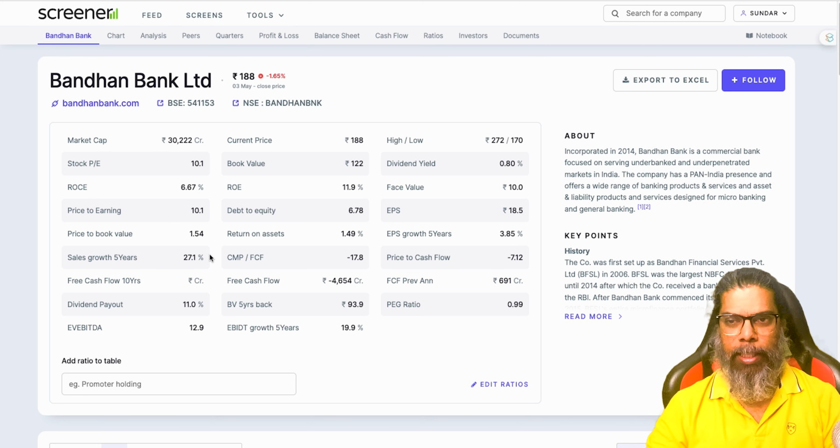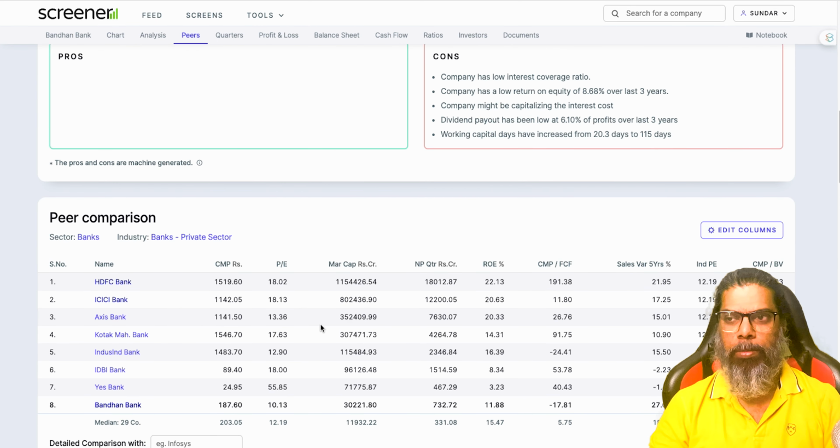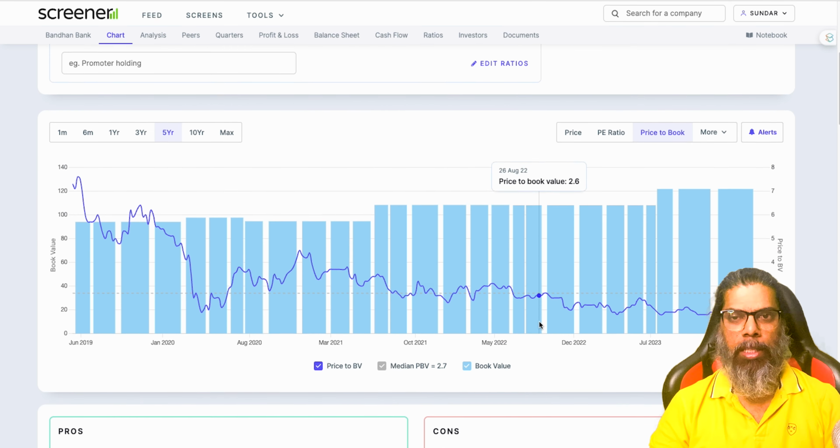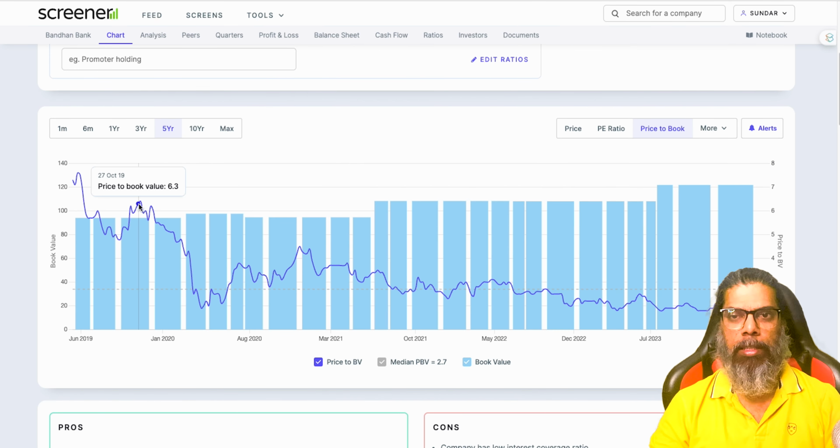Okay, now let's look at how the price to book ratio has grown. Let's see how it has grown in the past. If you see, initially it was trading at 6.3 times, right? Now it has consolidated. If you check the chart, you can see that the price keeps on going down.